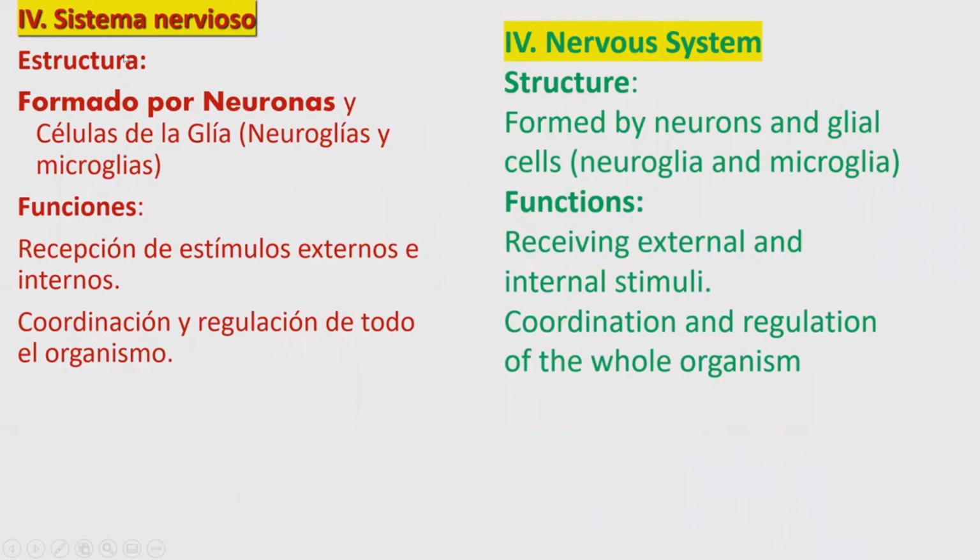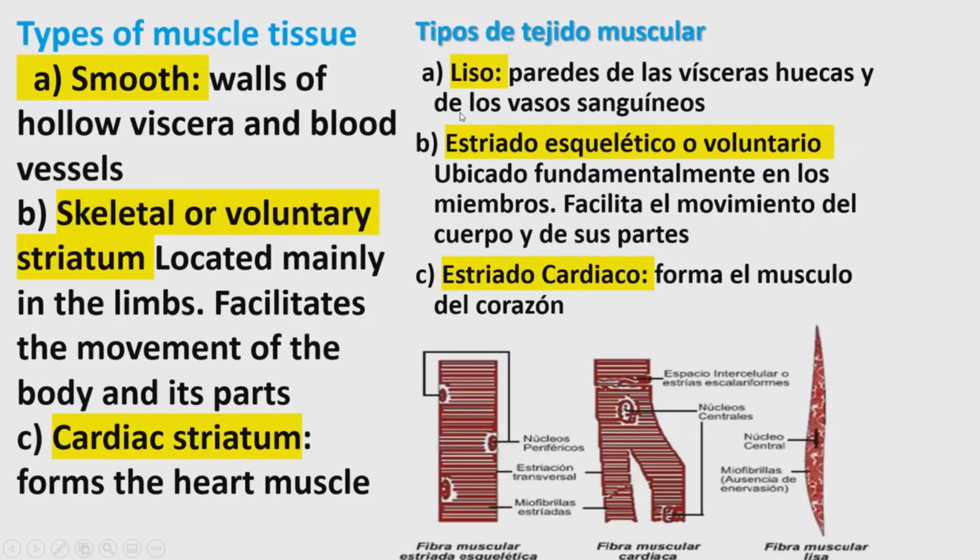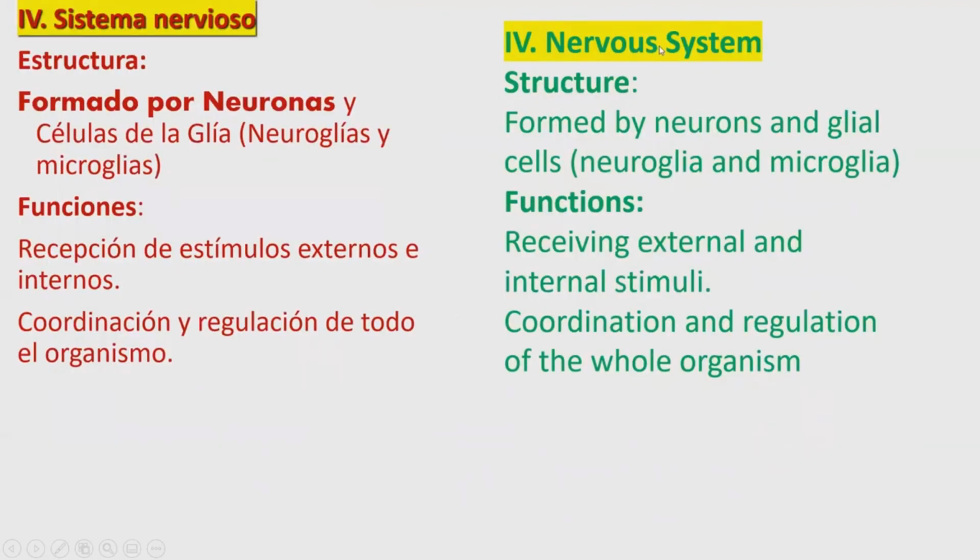And the fourth and last type of tissue is nervous tissue.